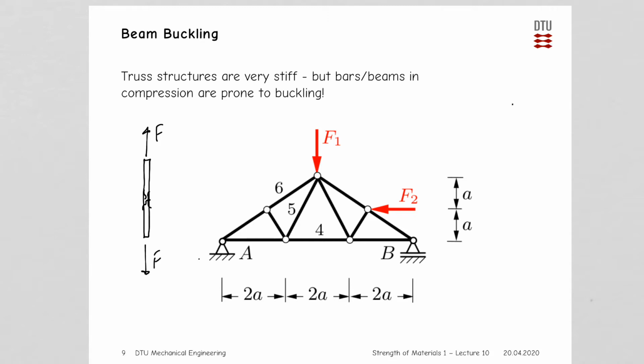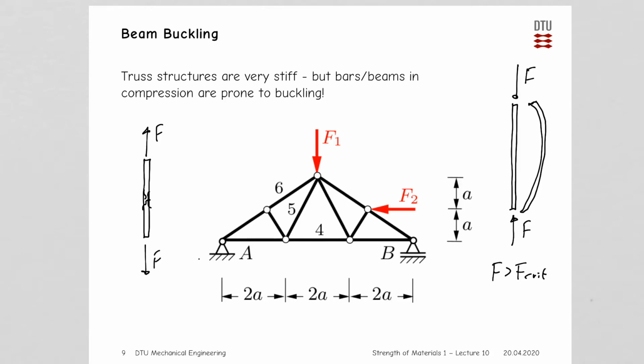But if you have truss structures in compression, then the thing happens that we talked about on the previous slide. Nothing really happens if the force is moderately high, but ultimately if your force becomes larger than some critical force, then your beam or rod will bend out to the side like this.